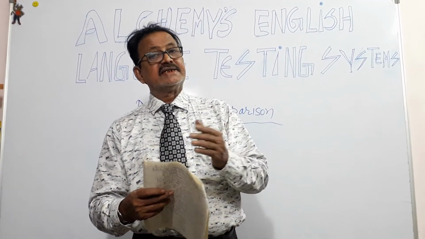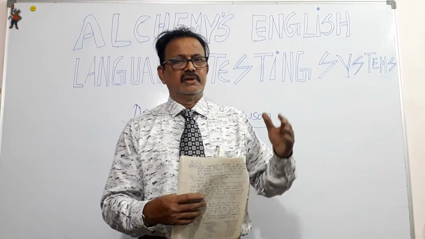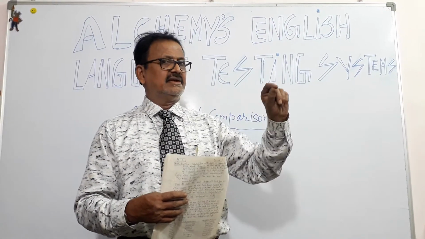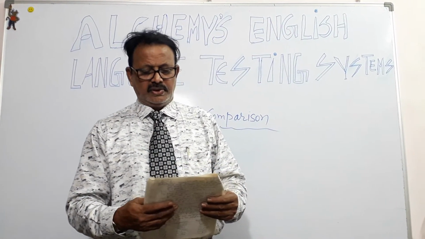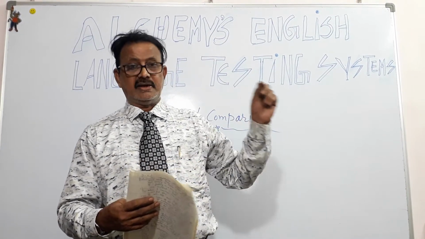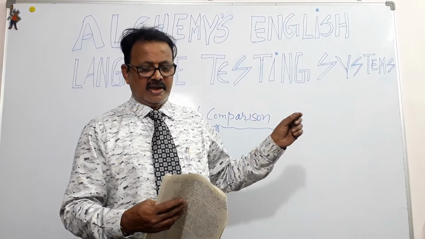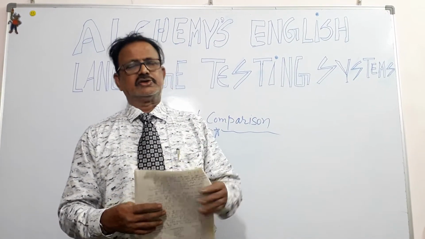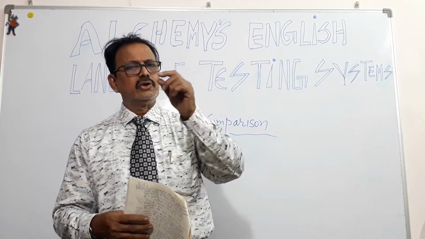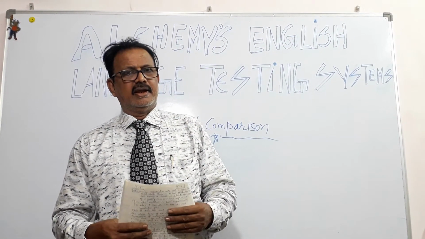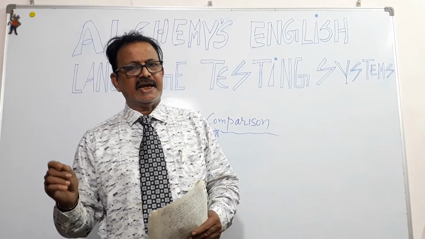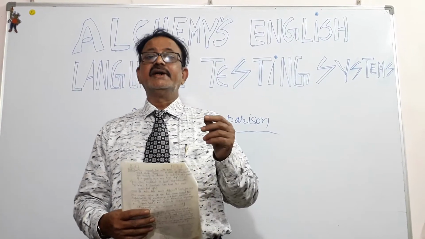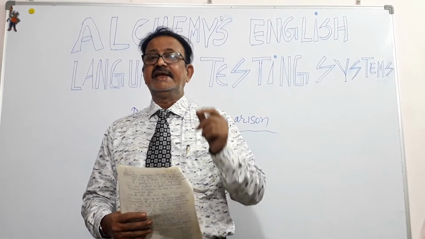When the positive adjective ends in e, we only add r to make it comparative, and we only add st to make it superlative.